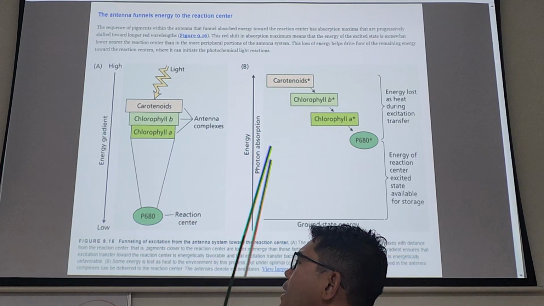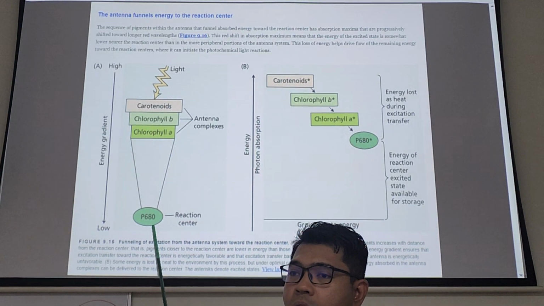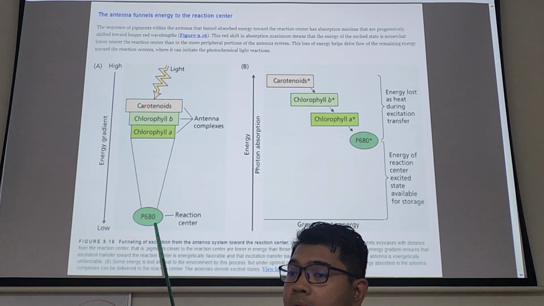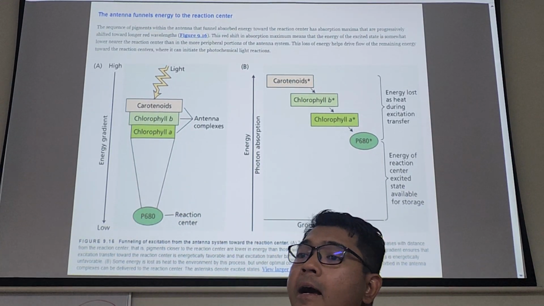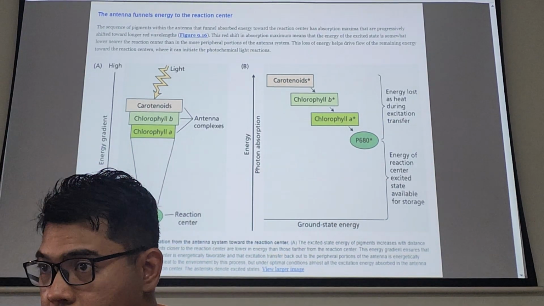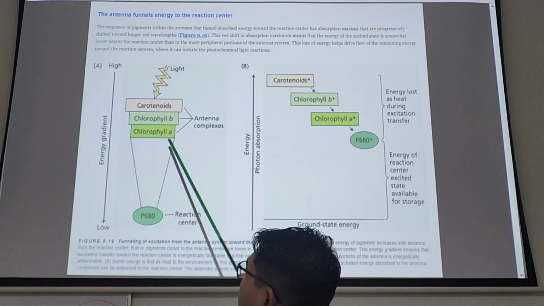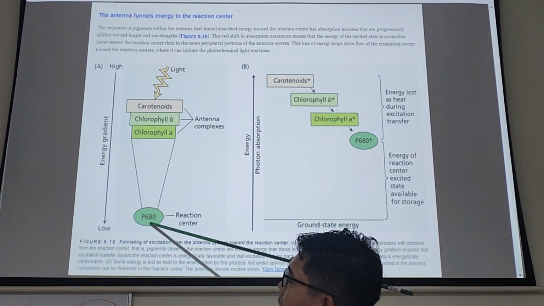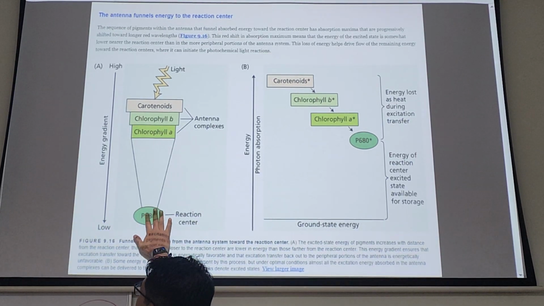However, this is not the energy that can excite or activate the reaction center, because the reaction center requires 680 nanometer. So 470 here will be passed to the second molecule. Now it becomes 500. And it is passed to the next molecule over and over again until the energy becomes low enough to hit 680 nanometer. Only this energy will activate the reaction center.